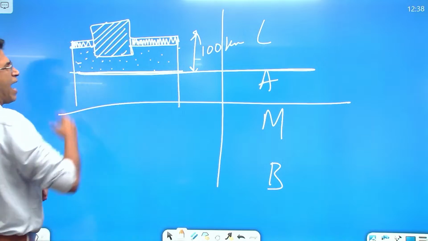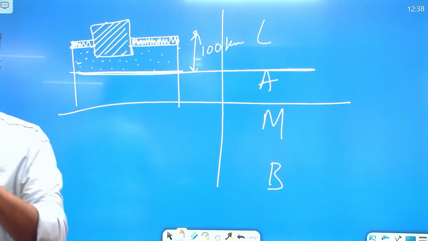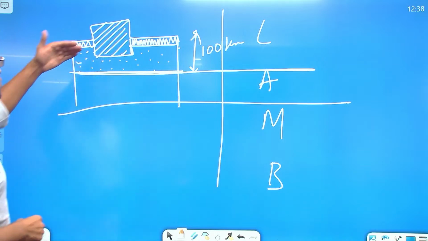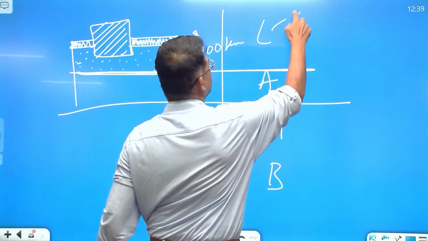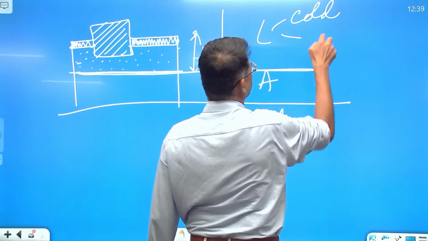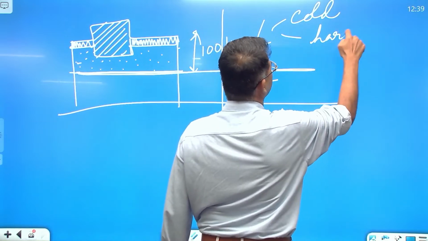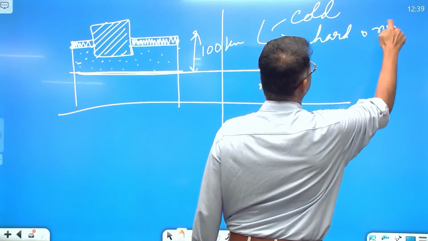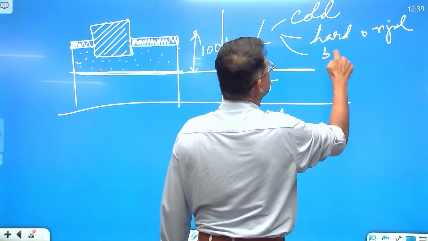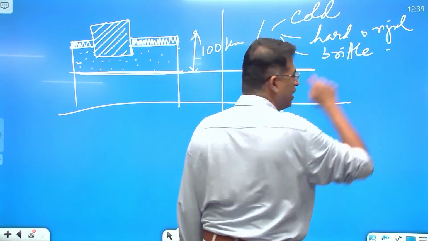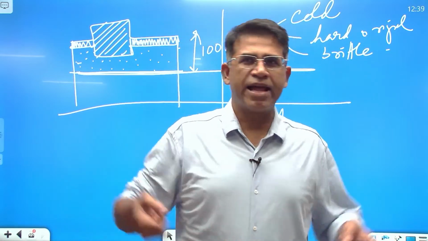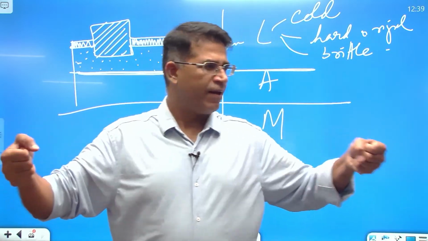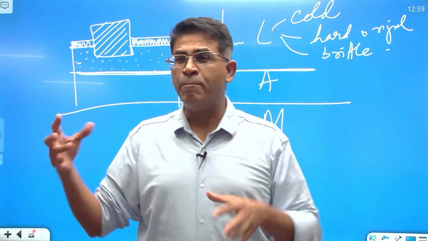Ye pura acts like one layer. Even if the compositions are different, ye pura lithosphere jo hai, ye relatively cold hai, relatively hard, and it is rigid, it is brittle. What's the meaning of the word brittle? Something which is very hard and can break. Like glass is brittle. Compare glass with mercury.